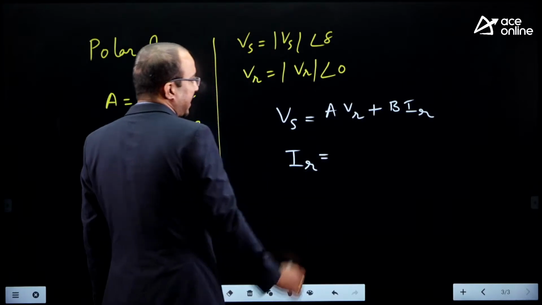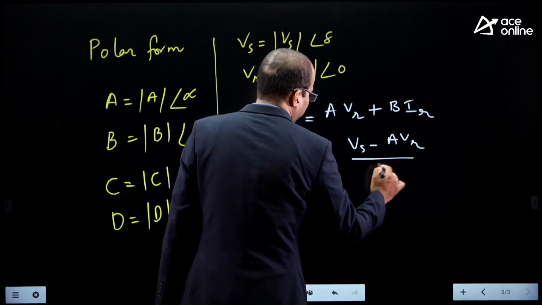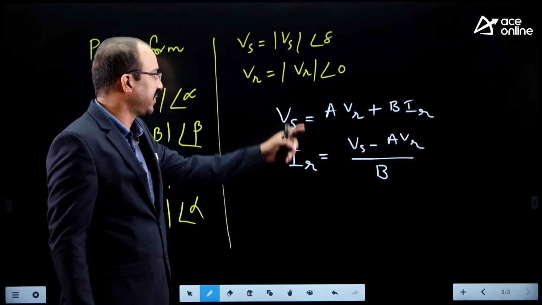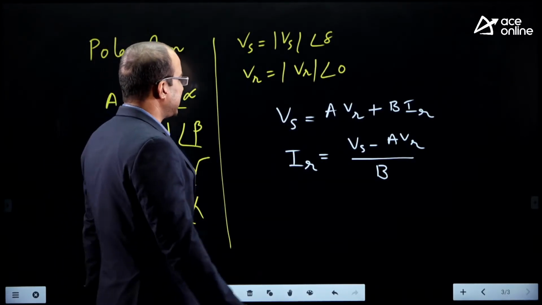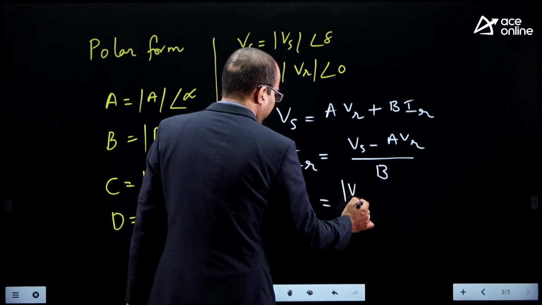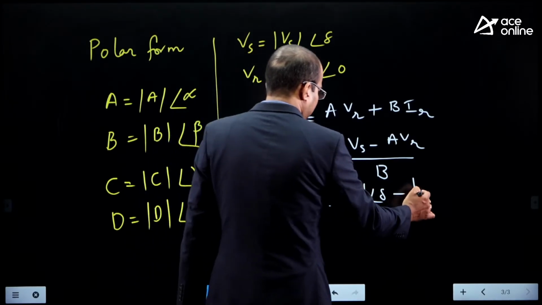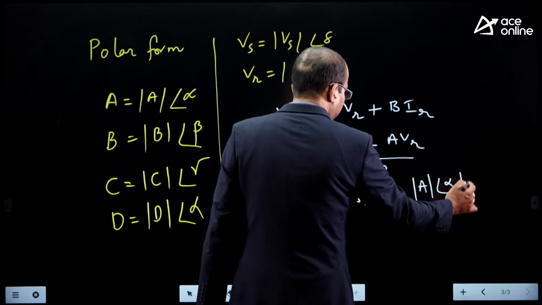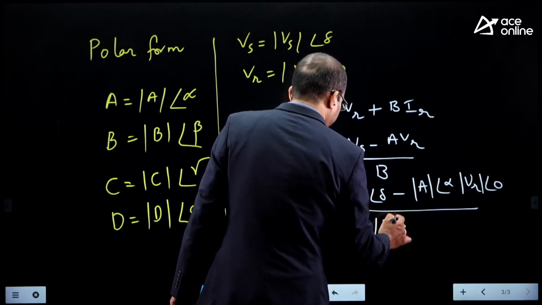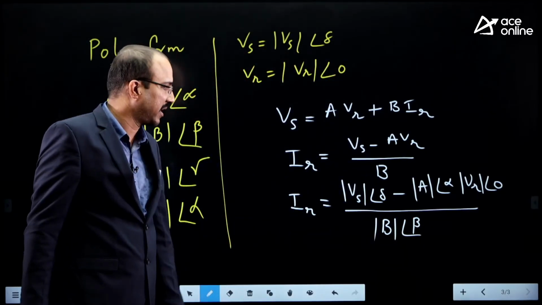So IR can be written as Vs minus AVR by B. Here IR is mod Vs at an angle of delta minus mod A at an angle of alpha times mod Vr at an angle of 0, divided by mod B at an angle of beta. This is the equation for the receiving end current.